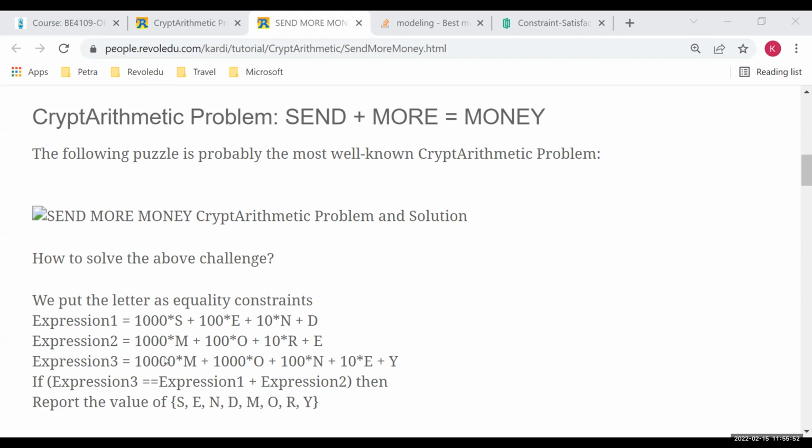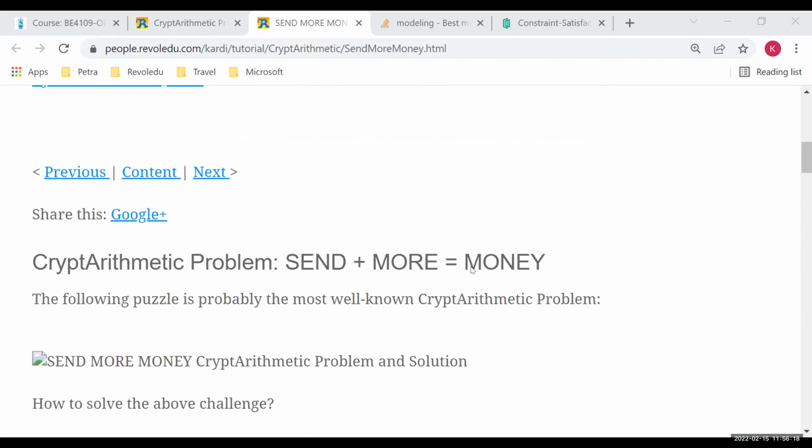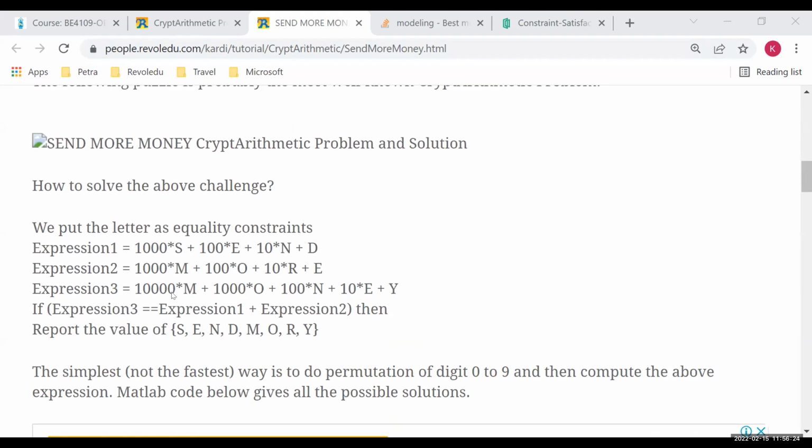The same thing with MORE. In that case, M is multiplied by 1000, O is multiplied by 100, R is multiplied by 10, and E is multiplied by 1. Expression 3 in this case is MONEY, which has 1, 2, 3, 4, 5 digits. M is multiplied by 10,000, O is multiplied by 1,000, N is multiplied by 100, E is multiplied by 10, and Y is multiplied by 1.